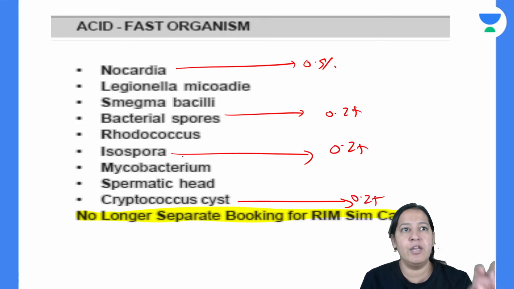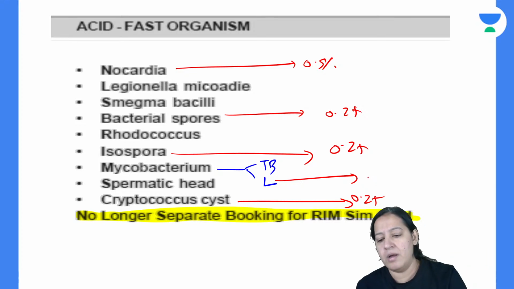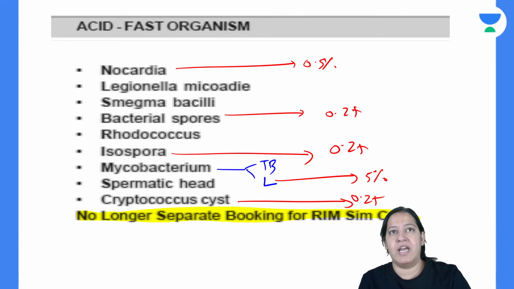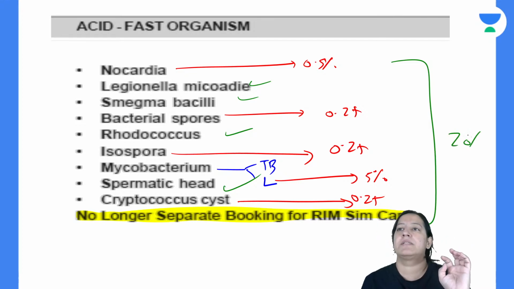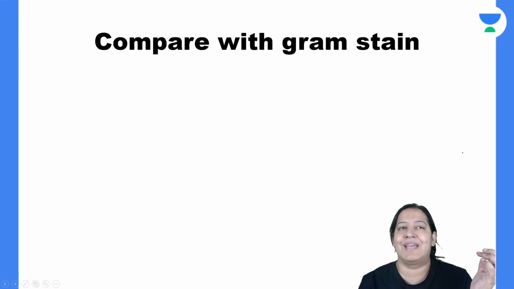Mycobacterium is of two types, TB and leprosy. Out of these, the leprosy one will be 5%. And otherwise, whichever are left, all will be 20%. So you can learn like this. Give me a thumbs up. That is the thing.